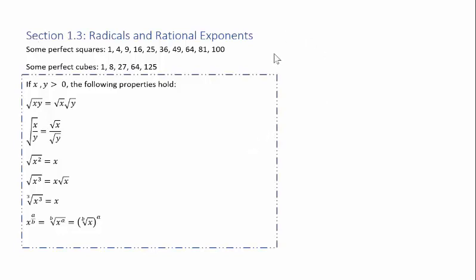Okay, so the first thing is to take a look at a square root of a perfect square. You know, the square root of 25, for instance. The radical is this symbol. The radicand is the expression under the radical, and the index is whatever the root is.